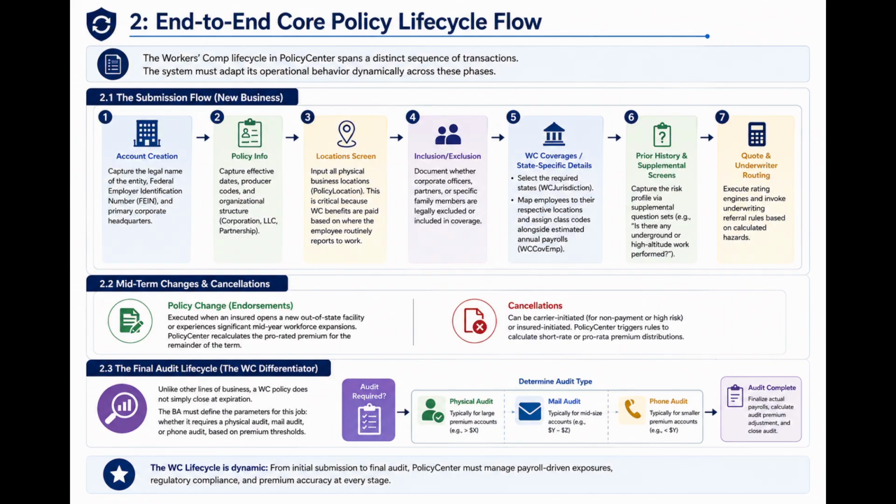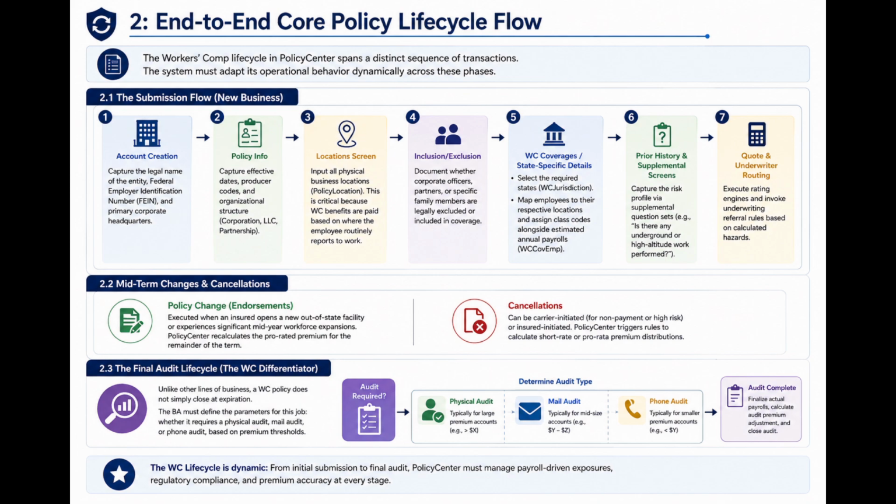Users input the estimated annual payroll and select the appropriate 4-digit class codes for these worker groups. To further refine the risk profile, the submission wizard presents prior history and supplemental screens containing structured question sets. These questions evaluate specific workplace hazards, such as whether employees perform high-altitude roofing or underground mining.